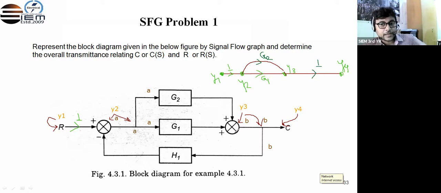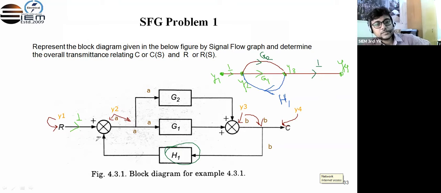Okay, and now from Y3 to Y2 there is a feedback, say this is H1. The feedback is H1. Now we put this value from Y3 to Y2, it is H1.